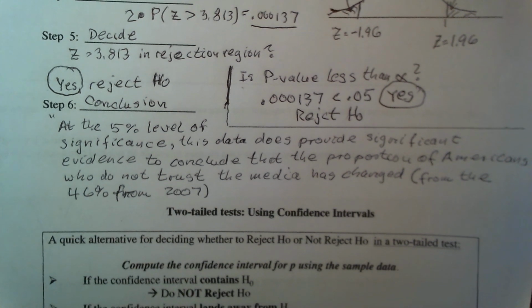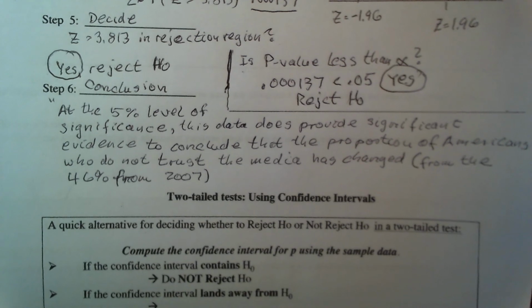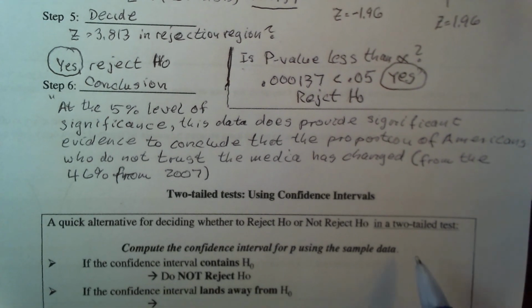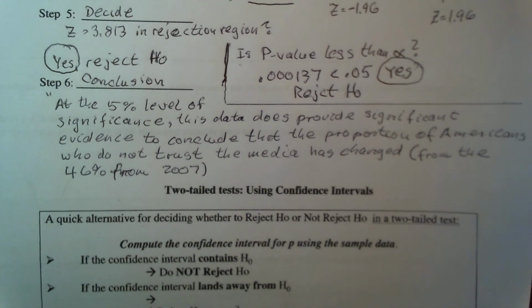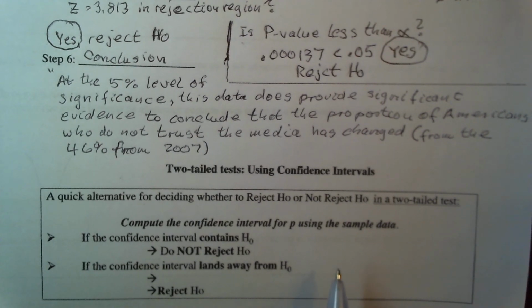Here's another way to reject the null hypothesis or not when you have a two-tailed test, and that is using confidence intervals. What you need to do is compare the confidence interval for p using the sample data, and if the confidence interval contains the null hypothesis value, do not reject the null hypothesis.